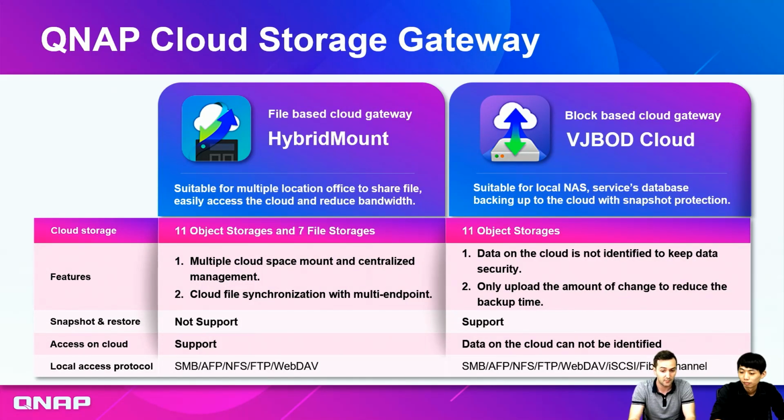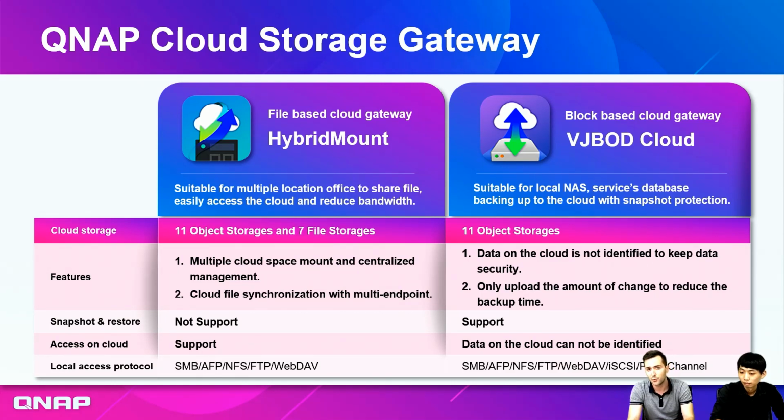As mentioned at the beginning of the live broadcast, we talked last week about VJBOD Cloud, which is the block-based cloud gateway, and today we want to focus on the file-based cloud gateway, which is HybridMount.